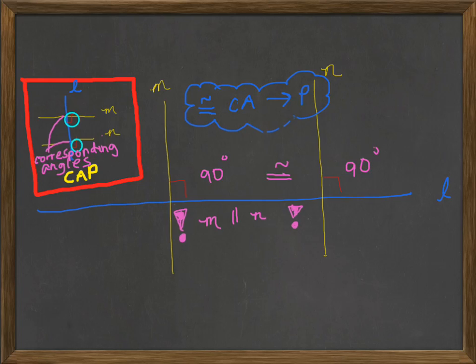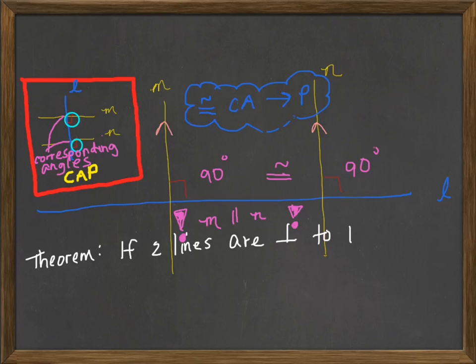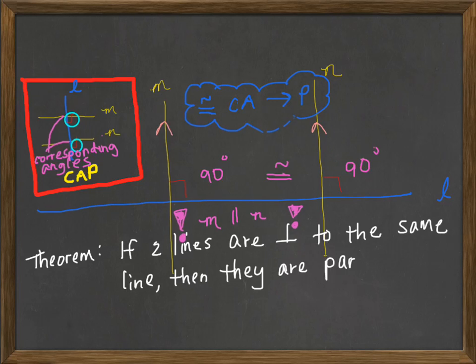The two 90-degree angles are obviously congruent, which means that line M must indeed be parallel with line N. Here's the theorem that you can write down. If you have two lines that are perpendicular to the same line, then they are parallel to each other. It's always nice to have a new theorem in the books.